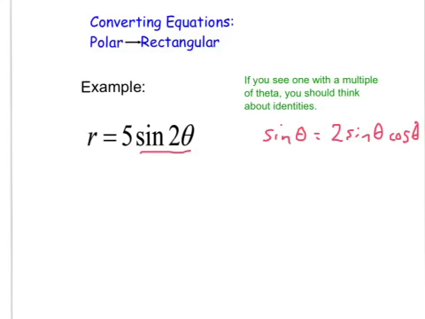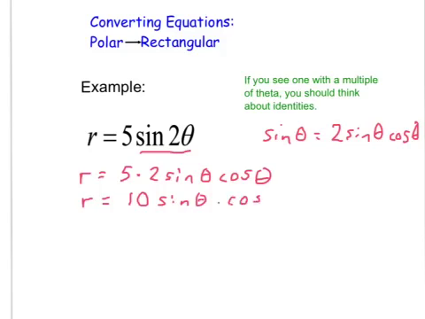So I'm going to do that substitution. So r would be 5 times 2 sine theta cosine theta. So that means r would be 10 sine theta cosine theta.